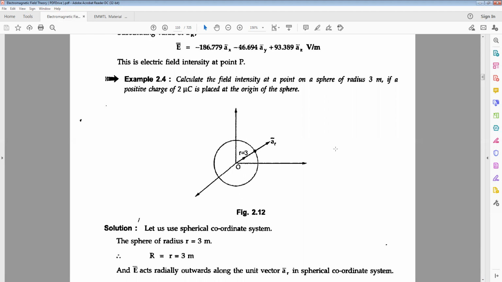Here the 2 microcoulombs is placed at the origin, 0, 0, 0. Okay.